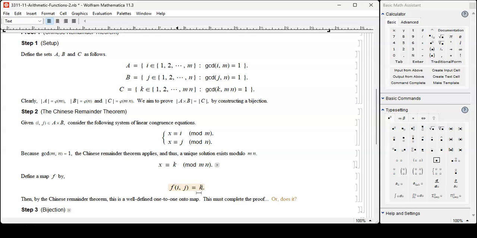So take arbitrary k, just put k there, then x is congruent to k, and that's congruent to a certain i. x is just k, and that's congruent to a certain j. You see, k goes from 0 to mn minus 1, because we are doing modular mn.